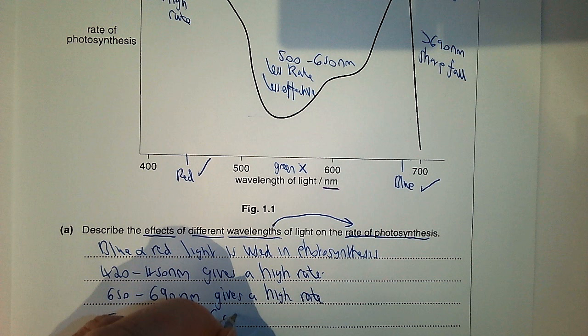And then the final point is this drop here. So greater than 690 nanometers, there's a sharp fall in the rate. So there's 5 marking points. That's worth 3 marks.